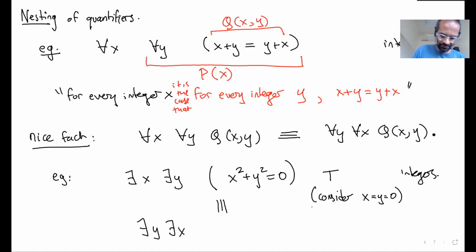That's because if you switch the order, you're still looking for a pair, and it doesn't matter what order you write it in. Now, the more interesting thing happens when you have an existential quantifier and a universal quantifier in the same statement.